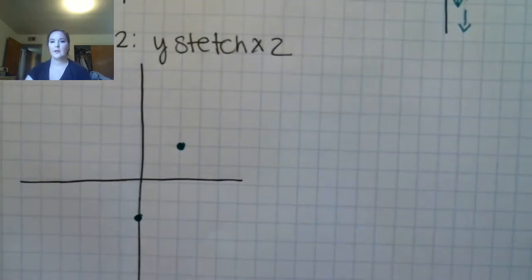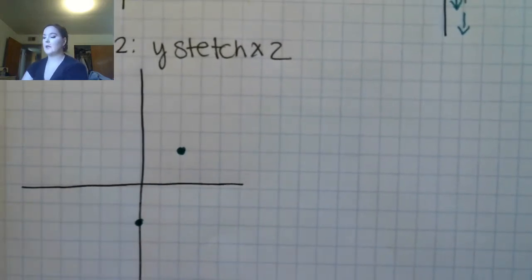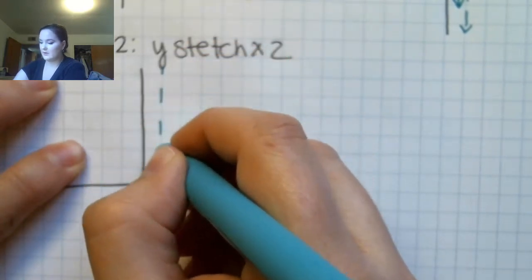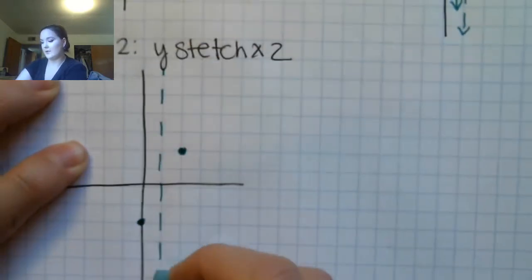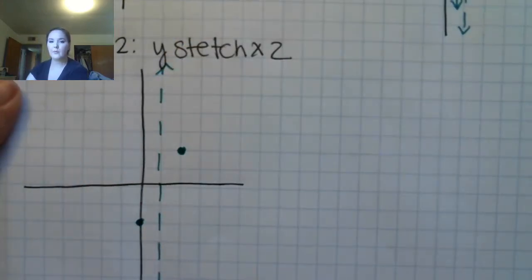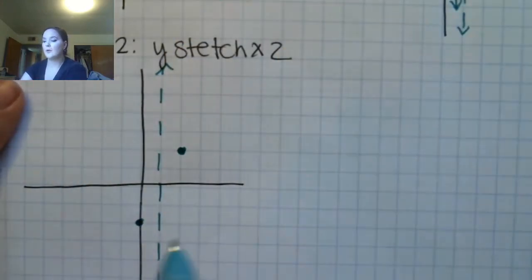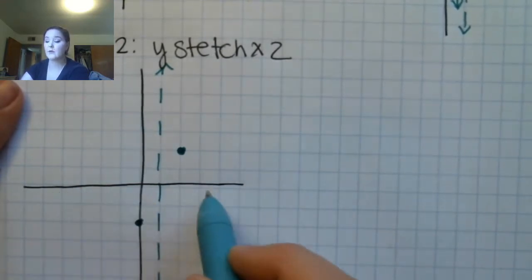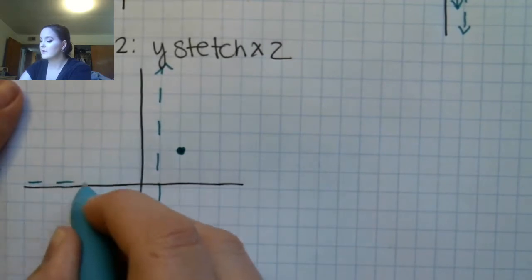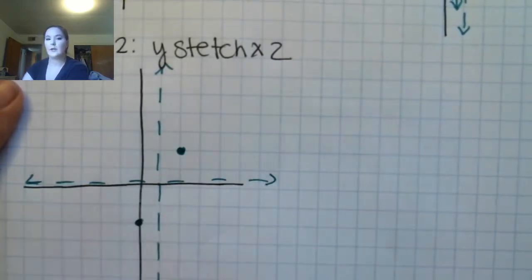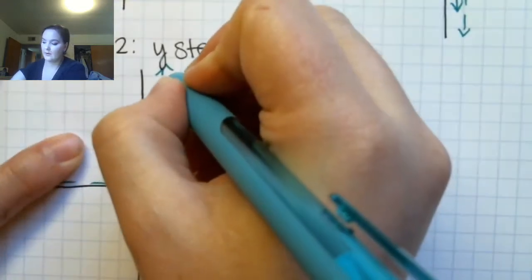Now I'm going to do the same thing for my lines. For the vertical line, only the x coordinate is really shown, so it doesn't matter. But for the y coordinate, I would multiply it by 2. So here I would have 0 times 2 is 0, so it stays along the axis. Now I'm going to draw my graph.